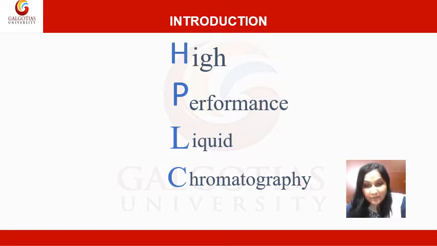In liquid chromatography, generally we use a glass column and the mobile phase runs only under the influence of gravitational force. But in case of high performance chromatography, we use external pressure to speed up the mobile phase, and in this way we can get maximum resolution in minimum time.